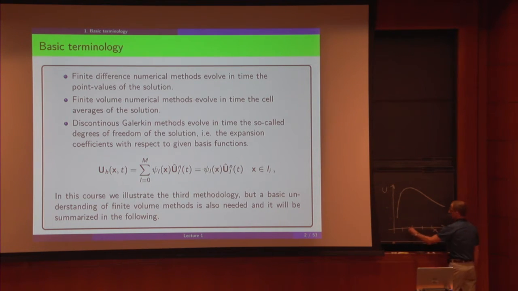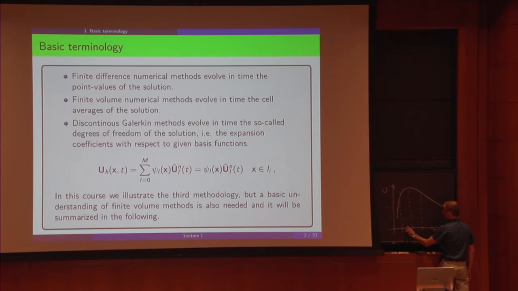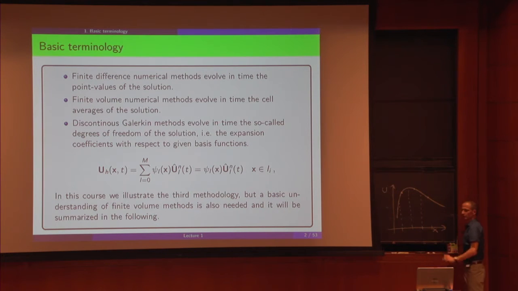In the finite difference approach, you typically define, at cell centers, point values of the exact solution, and your numerical scheme will evolve in time approximations to those. So I'm denoting with these crosses approximations to the true exact solution, right? This is the finite difference approach.